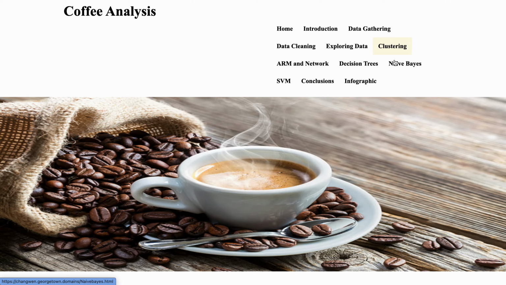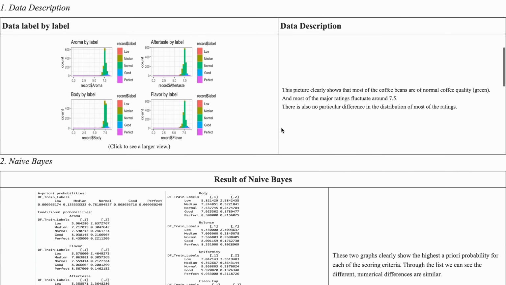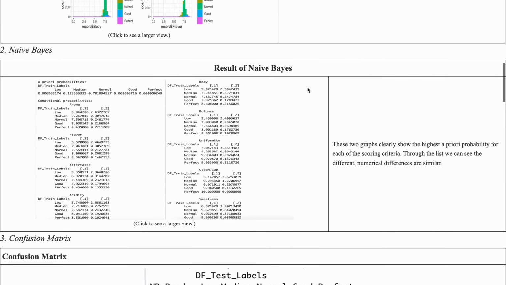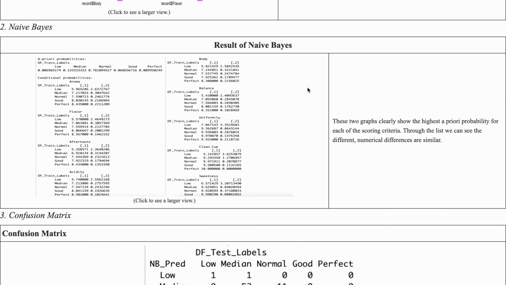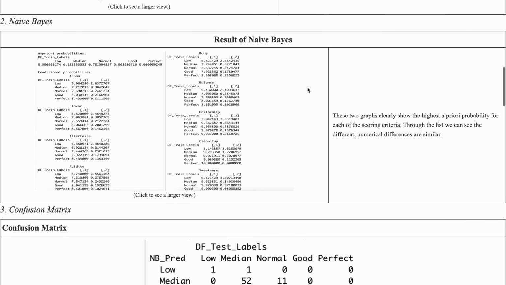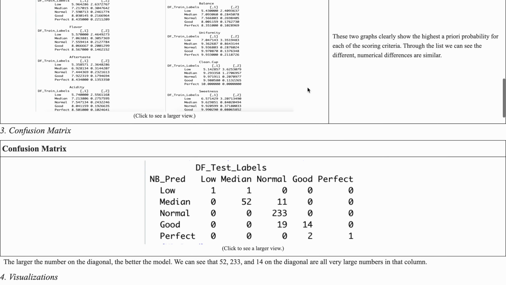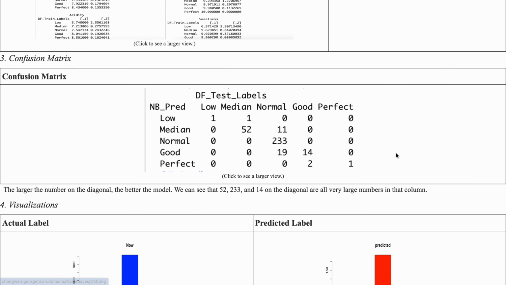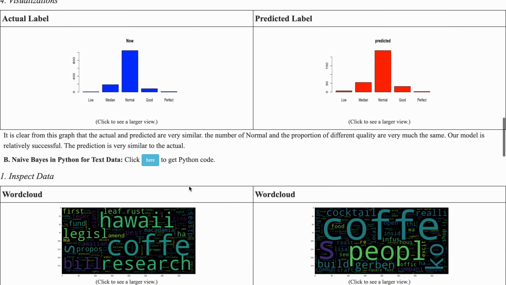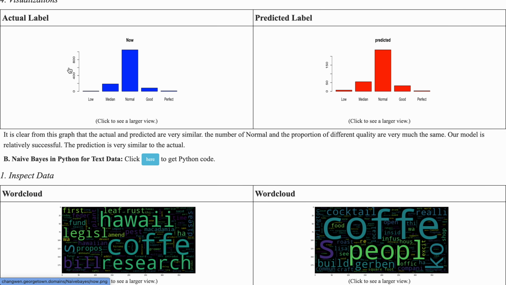Then I will introduce the NB. First, I will mention the data description, and then show how I built the Naive Bayes model, and then the confusion matrix and the conclusion, where I show the actual label and the predicted label. As we can see, the prediction is very similar to the actual.